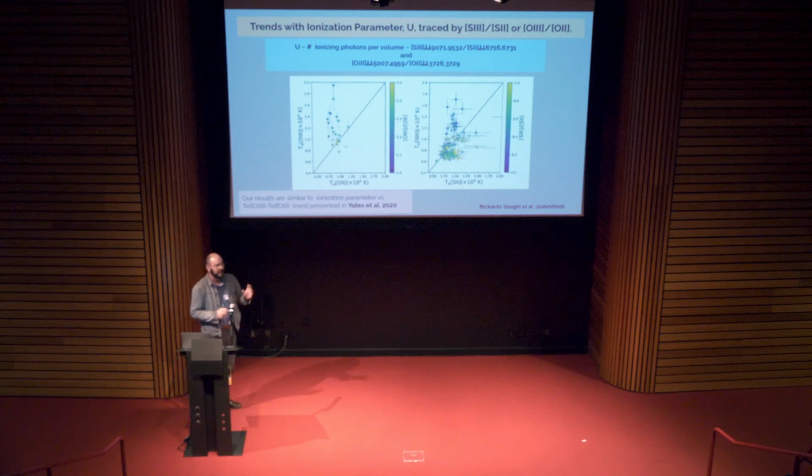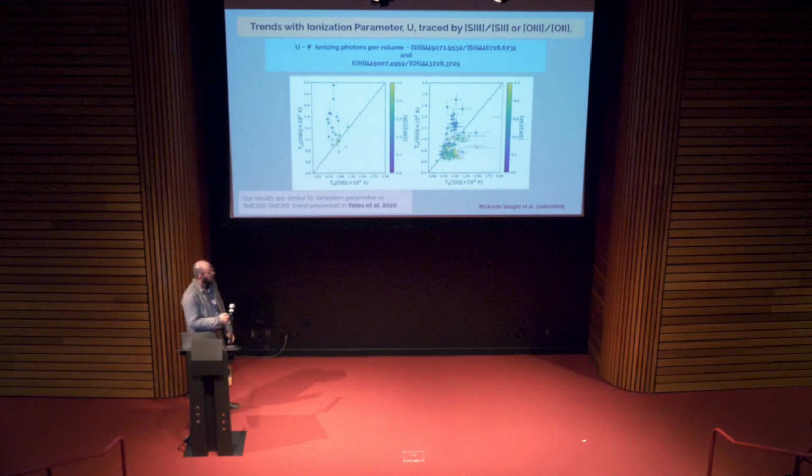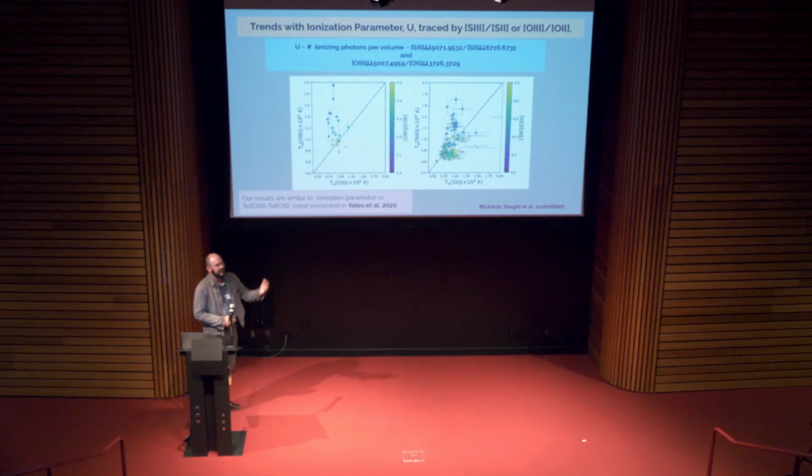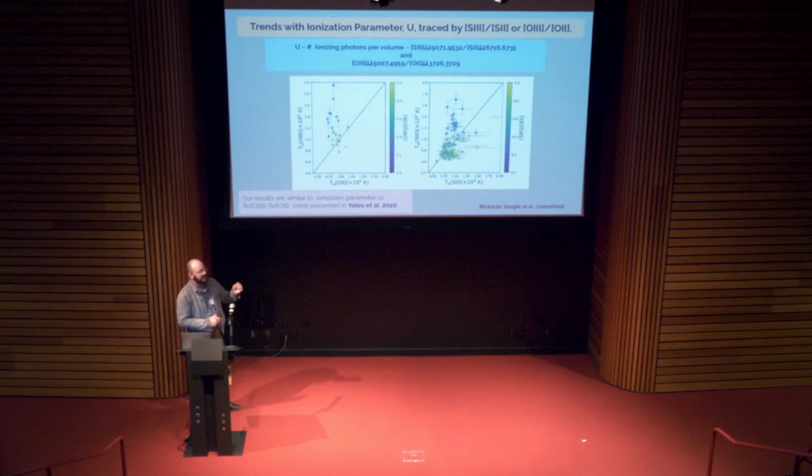And then we started to compare our temperatures to different properties of H2 regions. So for example, ionization parameter. And we see that the largest differences between the high ionization zone and, say, a low ionization zone temperature are in regions with low ionization parameter, which means that if you're in this corner here, your H2 region will likely be populated by oxygen in the first ionized state.